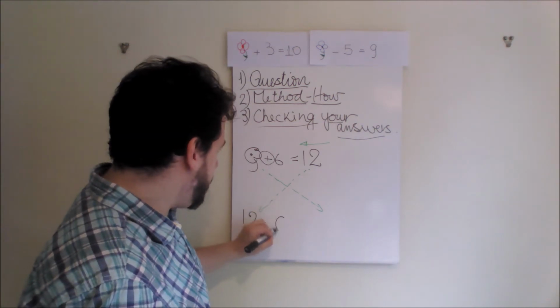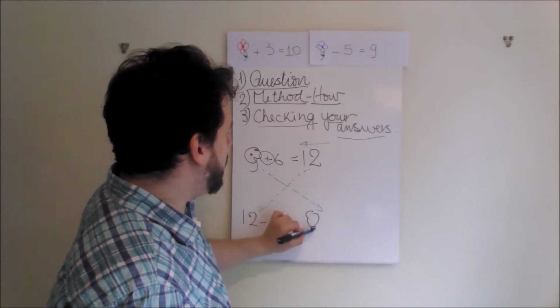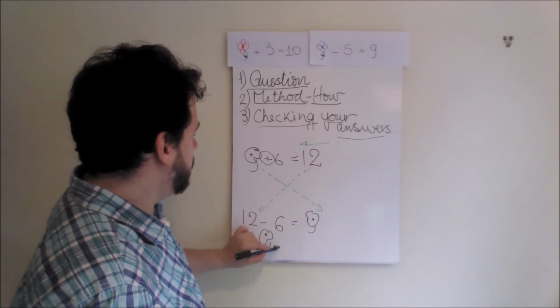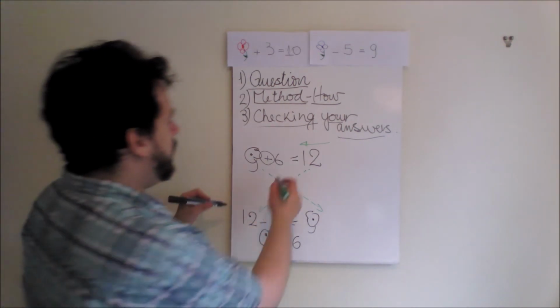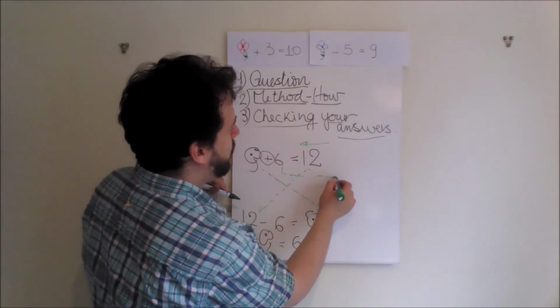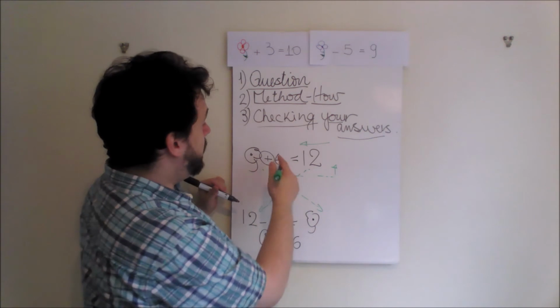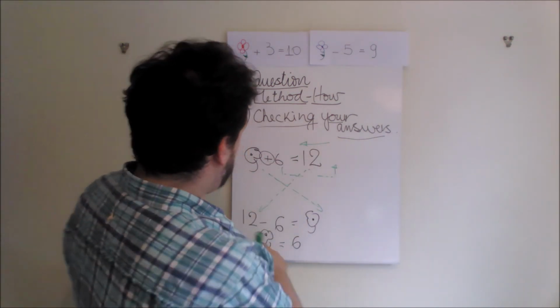The 6 stays the same. And then the flower will be here. So flower equals 6. Or you can, goes to this side, but then if it goes to the other side, the sign has to be the inverse operation, so it will be that as well.